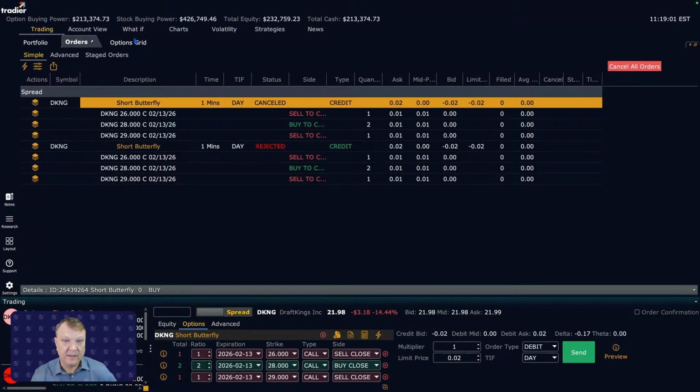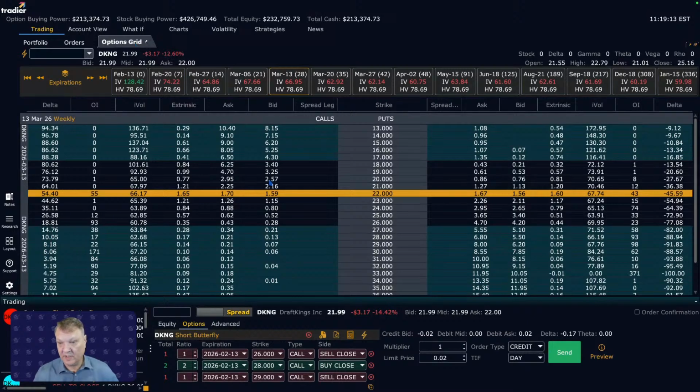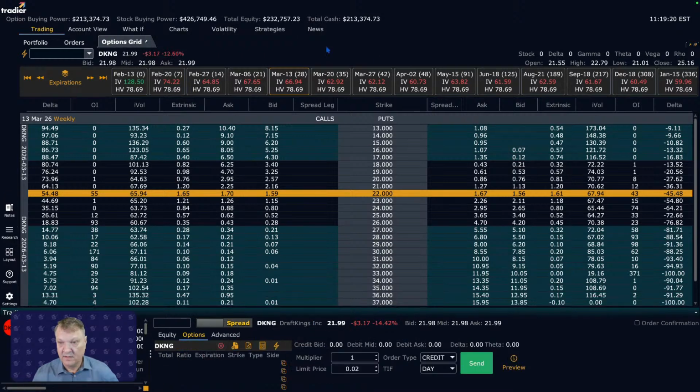Okay. And then we'll go back to the options grid. And we'll send our order to the floor and we'll keep this rolling. So we're going to hit this bid. 28 days out. We're going to hit that bid.